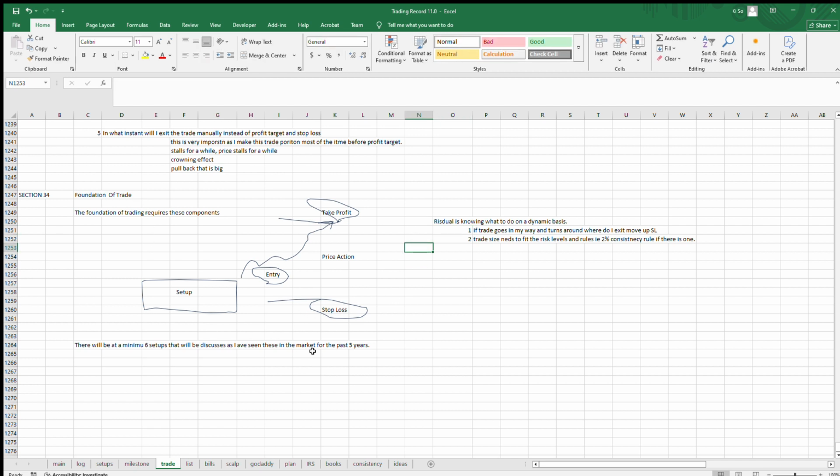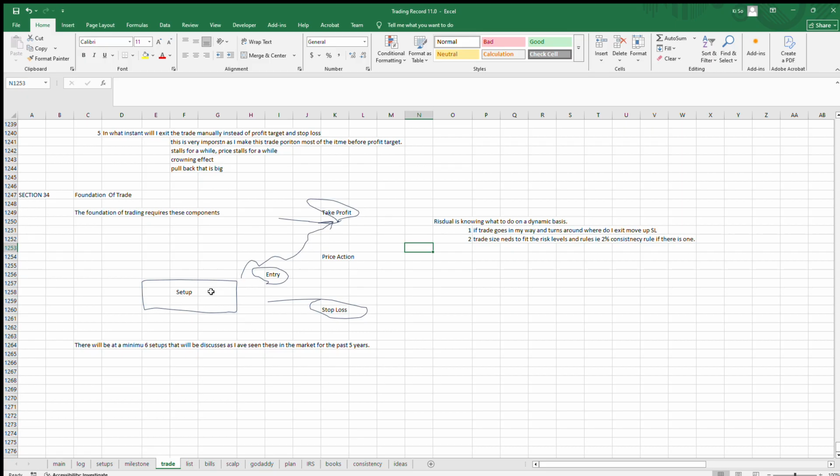Now, there are essentially 4 elements. One of them is a setup, which seems to be in itself. I'm essentially stripping out the emotion. I'm just going to essentially lobotomize emotion.